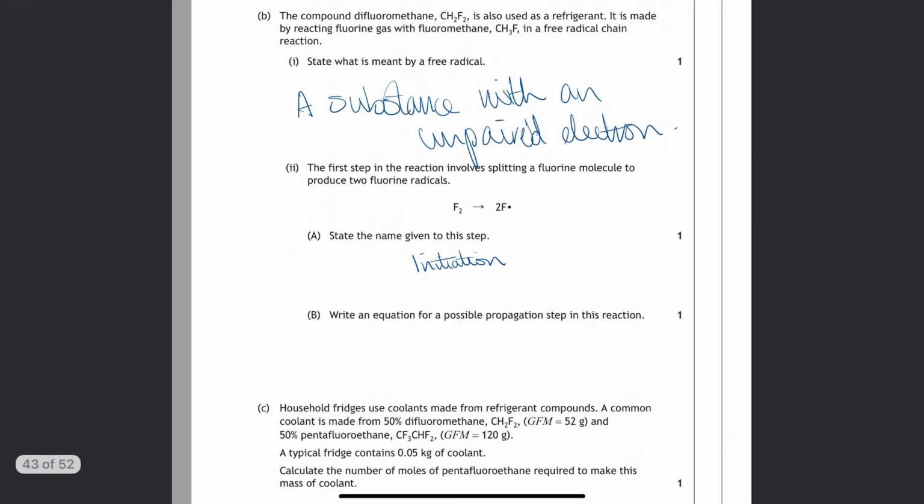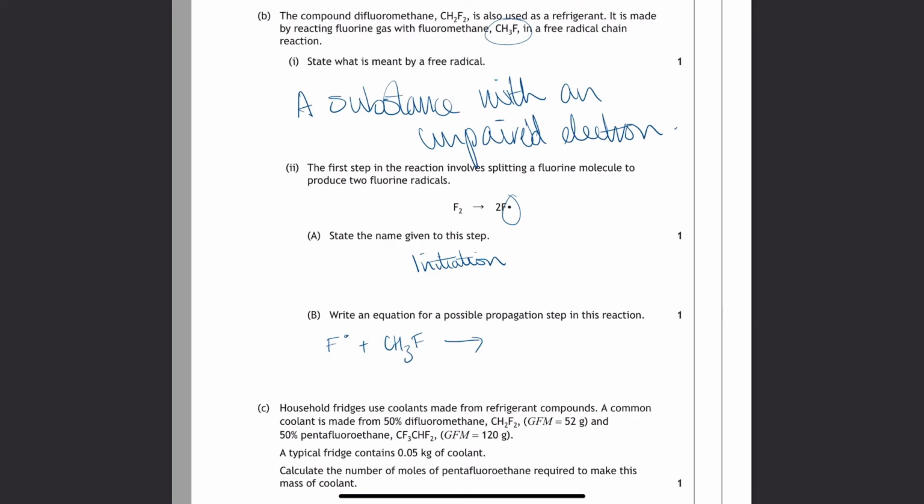Write an equation for a possible propagation step. So it's essentially just a pick and mix here, where we pick molecules that we've been given in previous parts. So for a propagation you need a free radical, so I'm going to pick the F dot. And you also need a stable molecule. So the molecules we've been given are these ones here, so I'm going to pick CH3F. So what happens is this fluorine free radical basically steals an atom off of this one in order to stabilize itself.